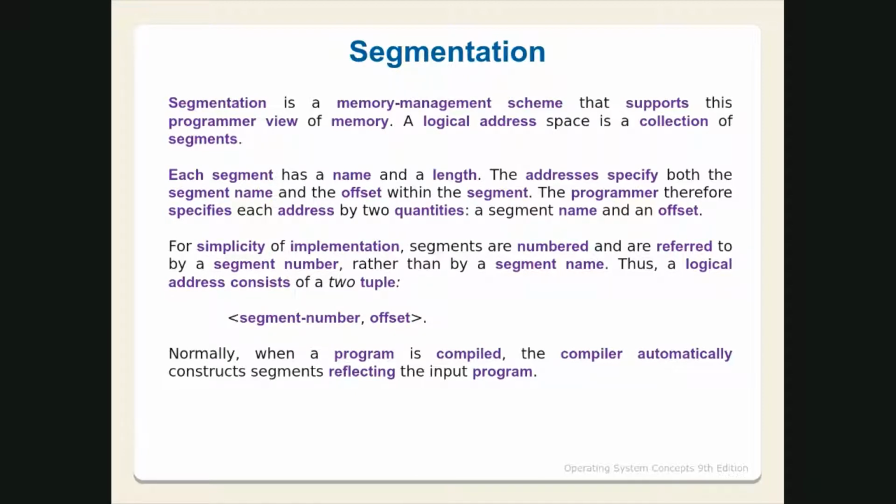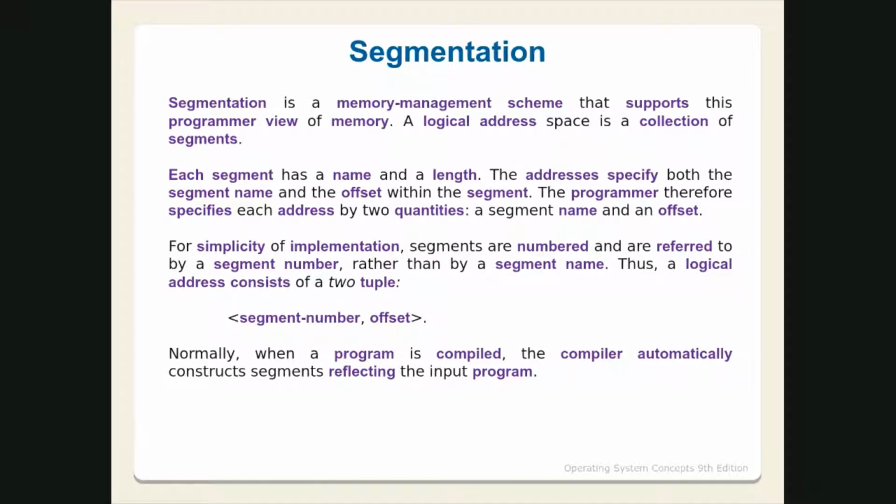I told you that you need to have a segment name and the offset. The name of the segment is going to be a number, like segment 1, segment 2, segment 3. The segments are numbered for simplicity, for easy understanding, and are referred to by the segment number. If you refer to the first segment, it's going to be segment 0, so you start with 0.